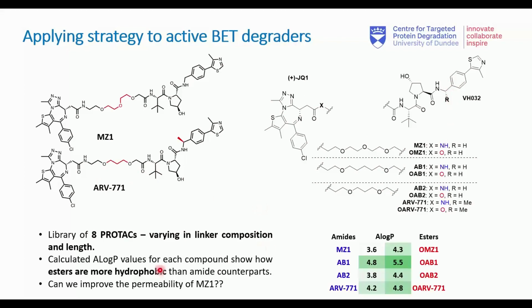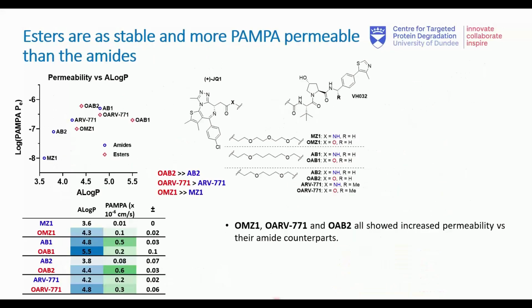The calculated log Ps of these compounds show that the esters are more hydrophobic, which is unsurprising. And obviously, when you go to examples where there's more alkylic nature to the linker, it's more hydrophobic. And the main goal was, can we improve the permeability of MZ1?